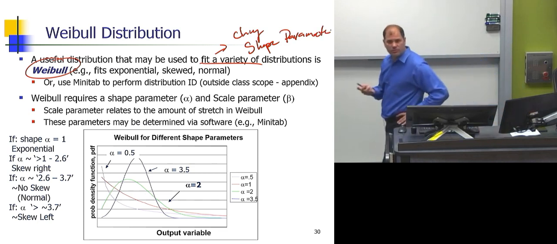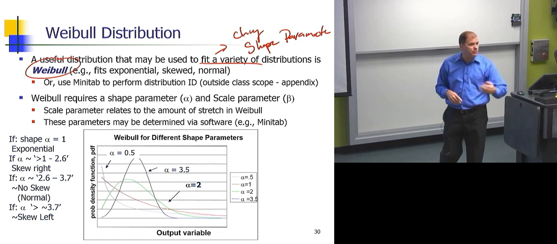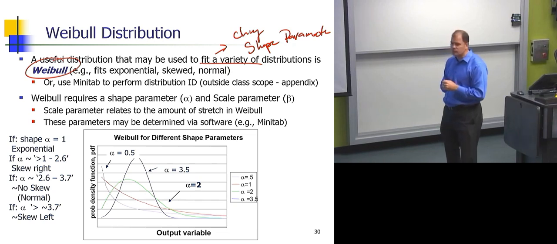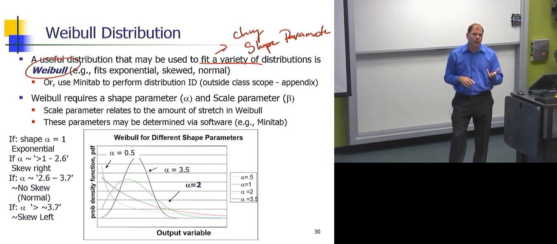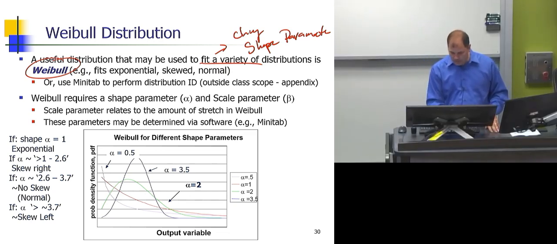A normal distribution's parameters are mean and standard deviation. A Weibull's parameters are shape and scale. There's also a 3-parameter Weibull, but we'll do the 2 parameters. We have a shape and a scale. The shape is the important one. If you look at a shape of 1, that is a shape of 1.